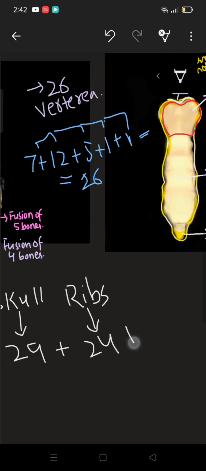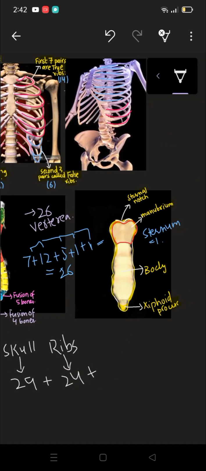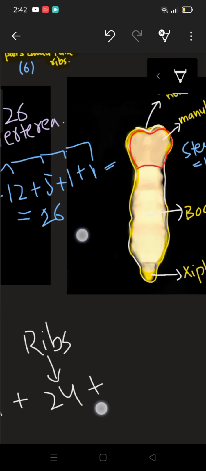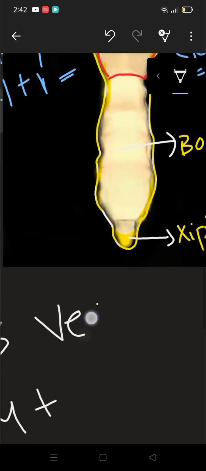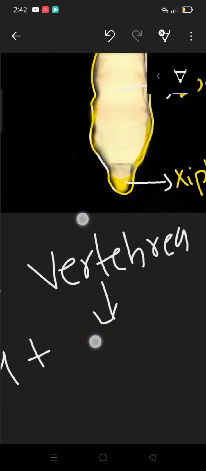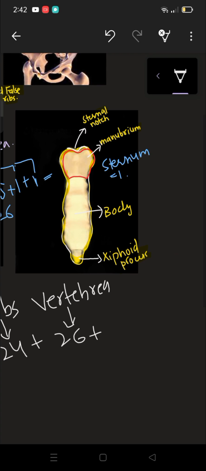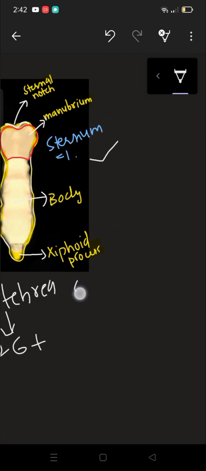So now as you can see the vertebral column, and vertebral column has 26 vertebrae. Let me write here vertebrae, which are 26 in number. Then plus we have the last structure, which is the sternum, that is only 1 in number.